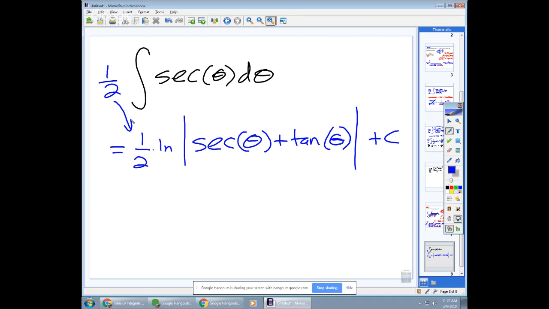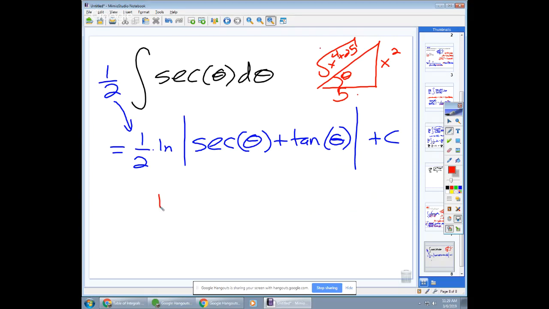All right, so our triangle, I'm going to draw that back in here, has the square root of x to the 4th plus 25 on the hypotenuse. That's theta. X squared was over there and 5 was over there. So the secant is the reciprocal of cosine. Cosine is adjacent over hypotenuse, so secant's hypotenuse over adjacent.